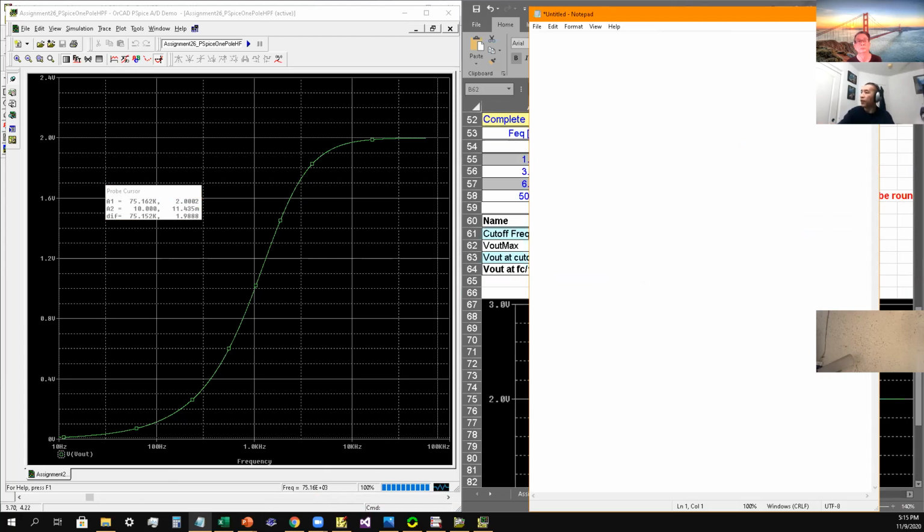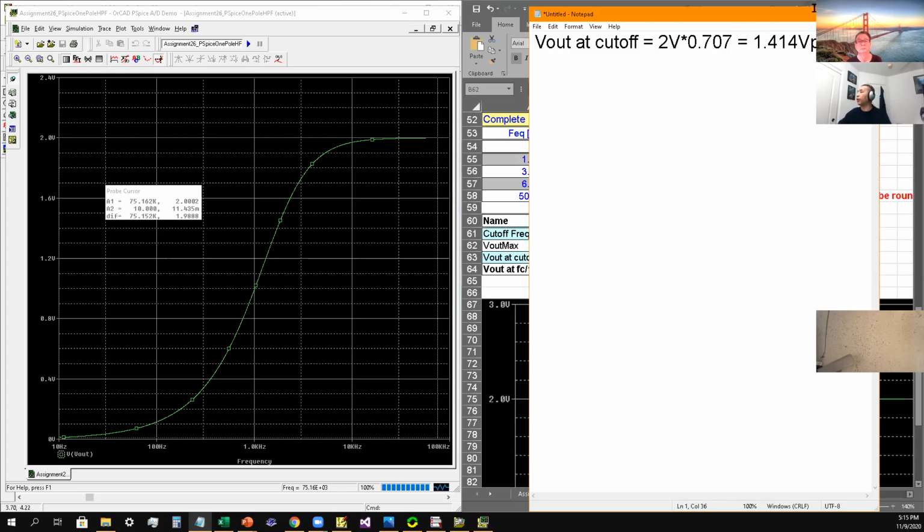V out at cutoff would equal 2 volt times 0.707, which is equal to 1.414 volt peak to peak.